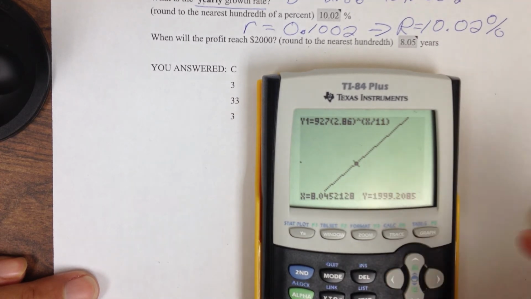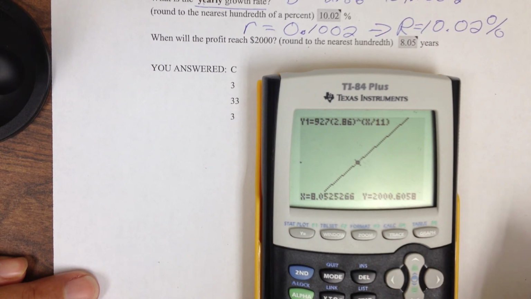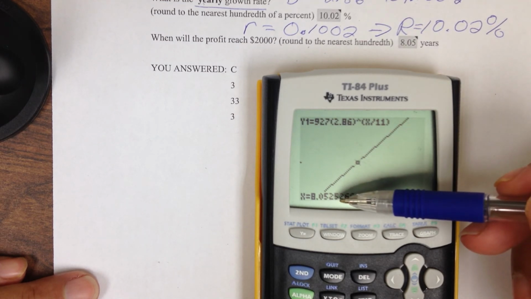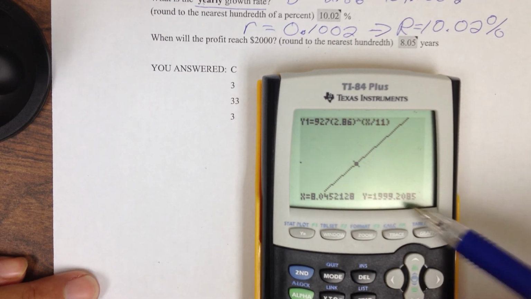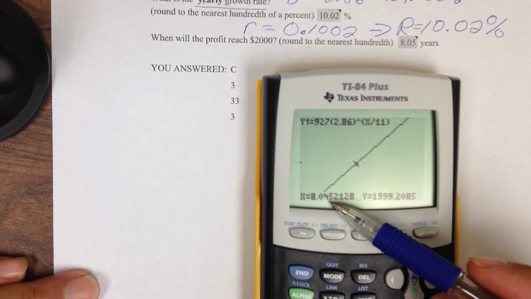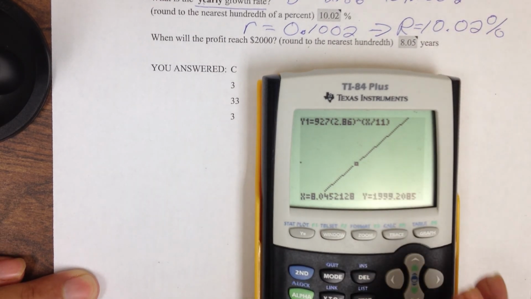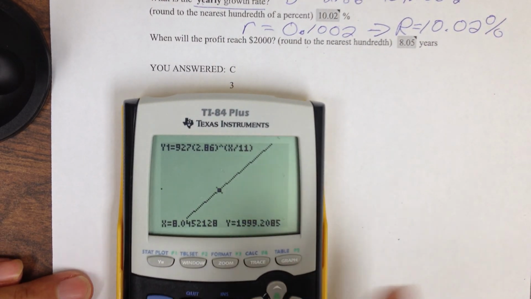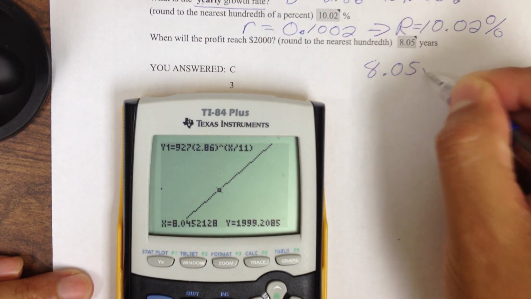So now my answer is between 8.045 and 8.052. This is clearly too big. I would round it down to 8.05. This is clearly too small. I would round it up to 8.05, both of them to the 100th place. So my correct answer to the 100th place is 8.05 years.